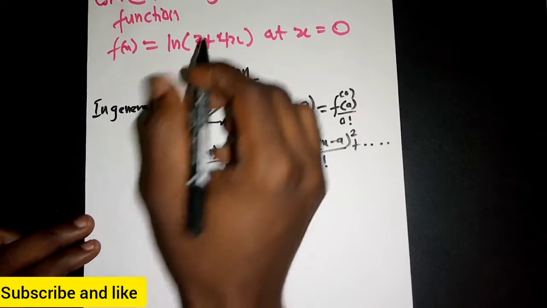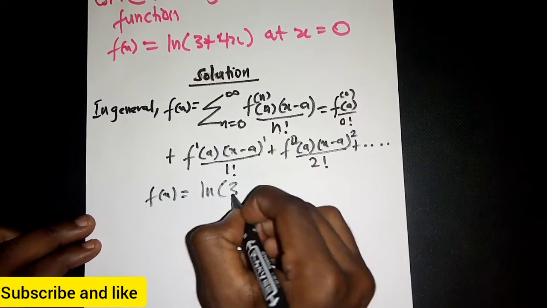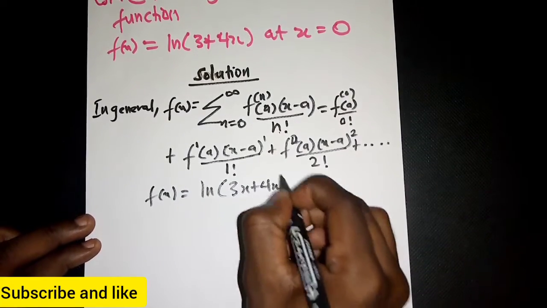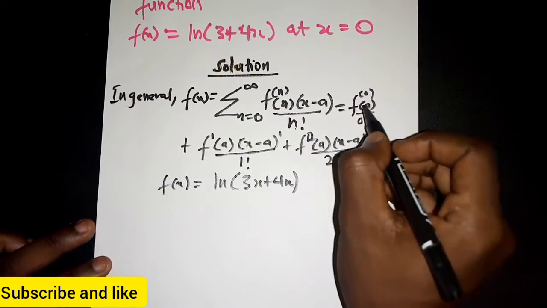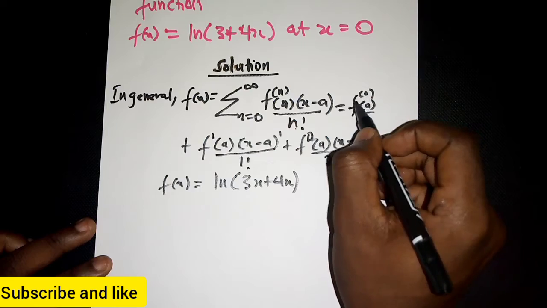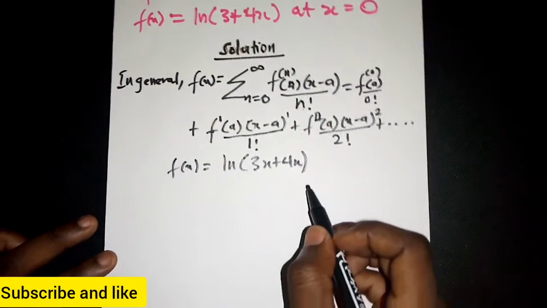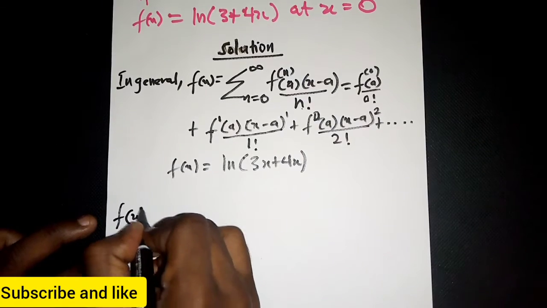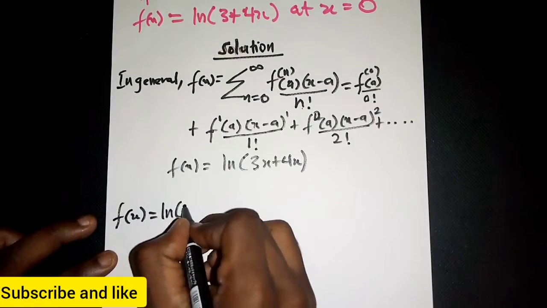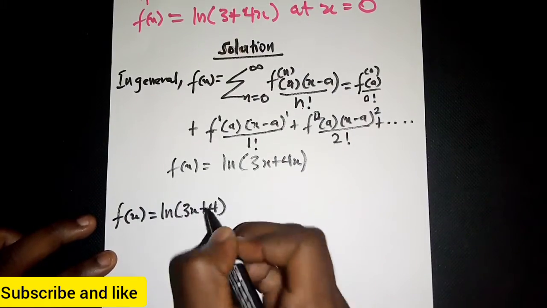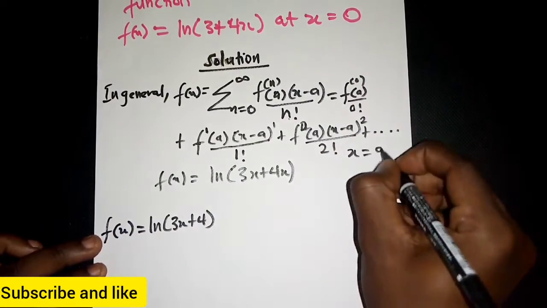Now we have f of x being equal to the ln of 3x plus 4, and we have to find the Taylor series for that. We start from the zeroth derivative, then the first, and it goes on and on. In general, x is equal to a for the Taylor series.